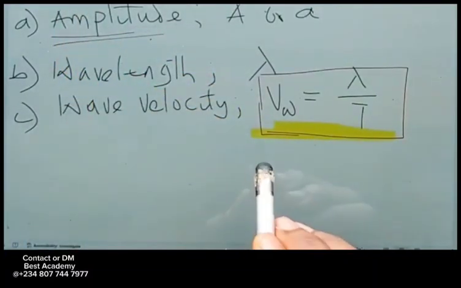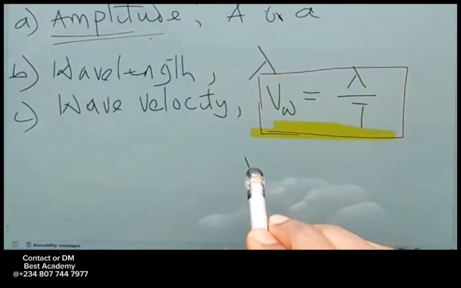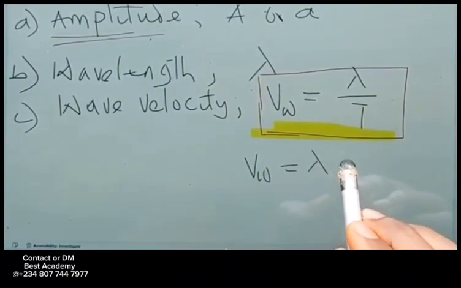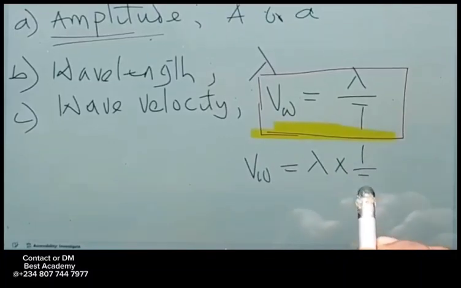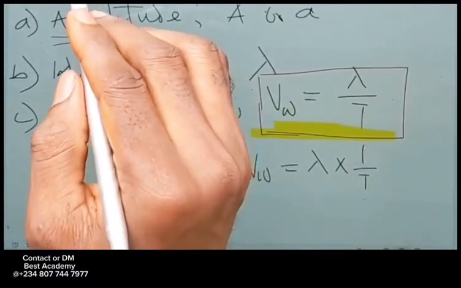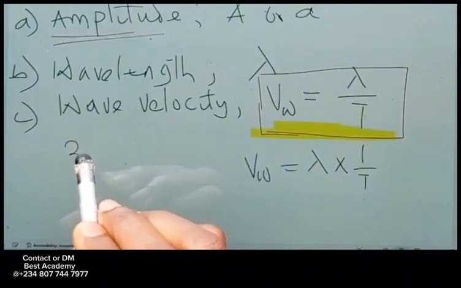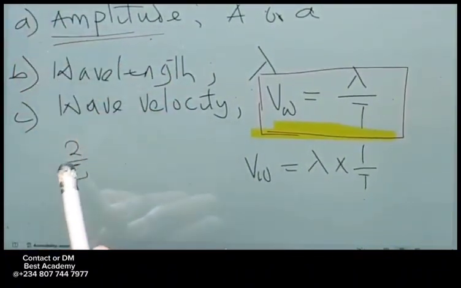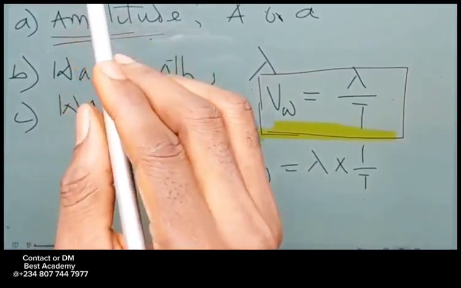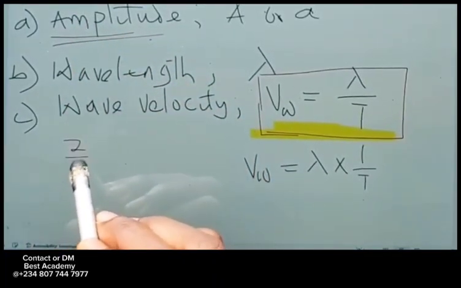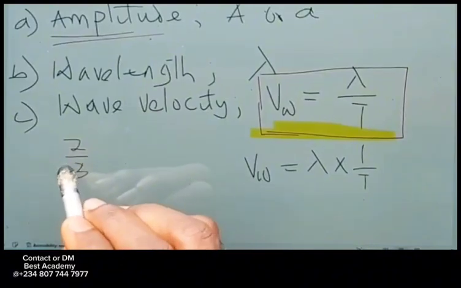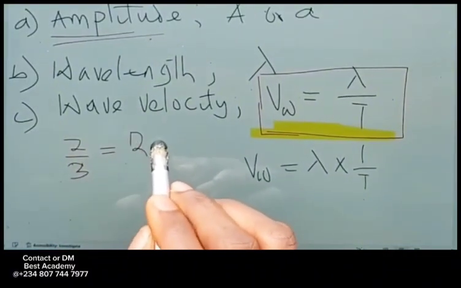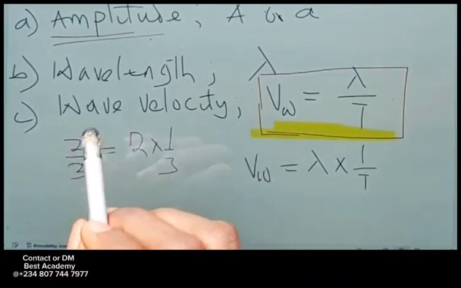Relating wave velocity in terms of frequency, we have V_W is equal to lambda times 1 over T. Also remember, in mathematics, 2 over 3 is the same as 2 times 1 over 3.